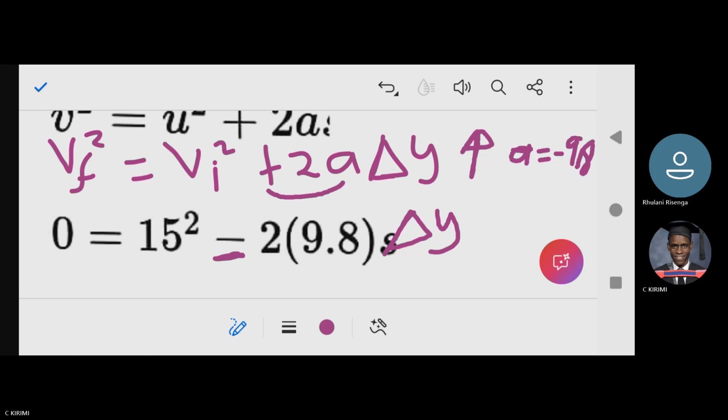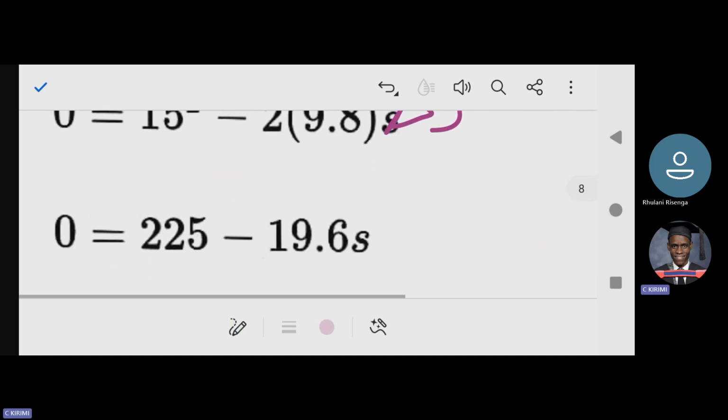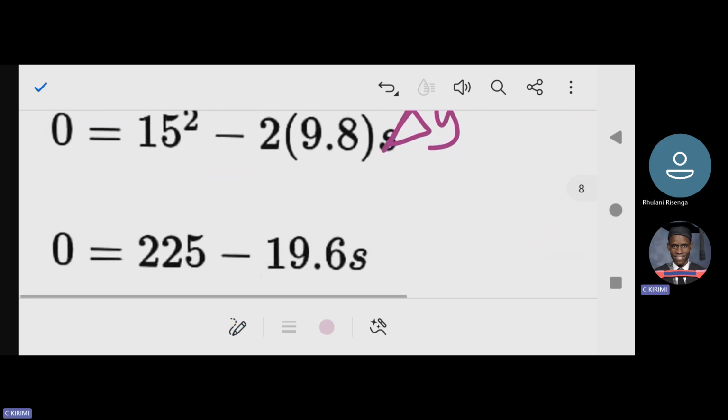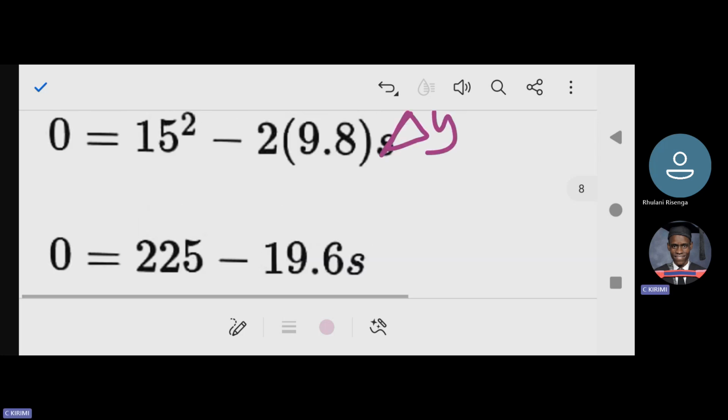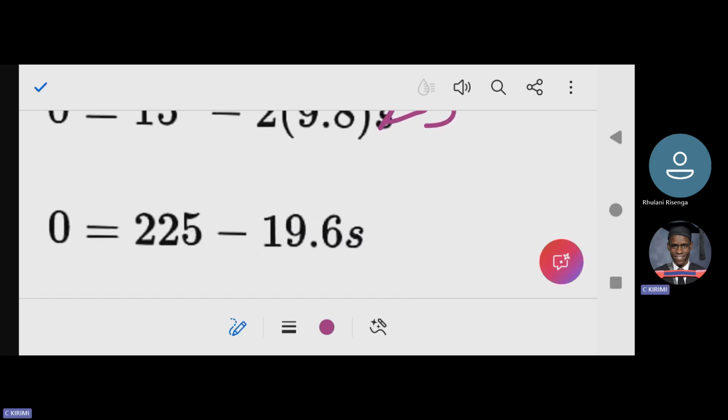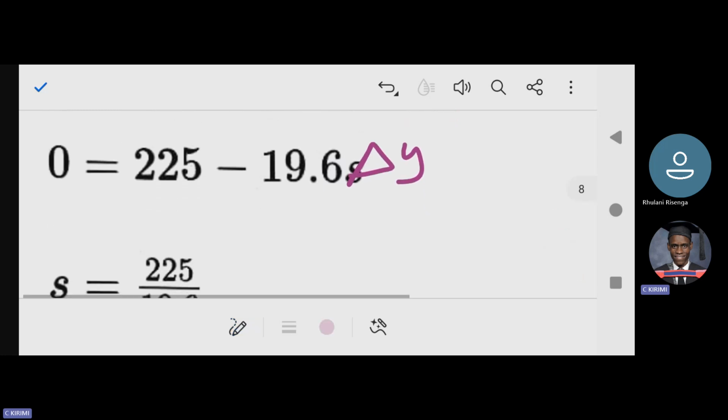Yes. So positive 2 times 9.8. And then what is the change in y? Simplifying everything, it will give us 15 squared, 225. This is our change in y, which is just s, another symbol for representing change in y, the displacement.